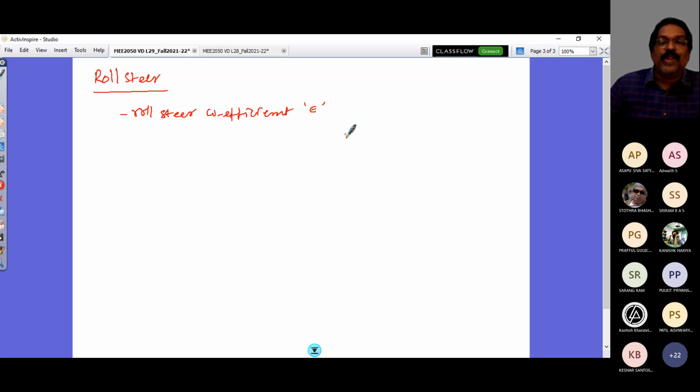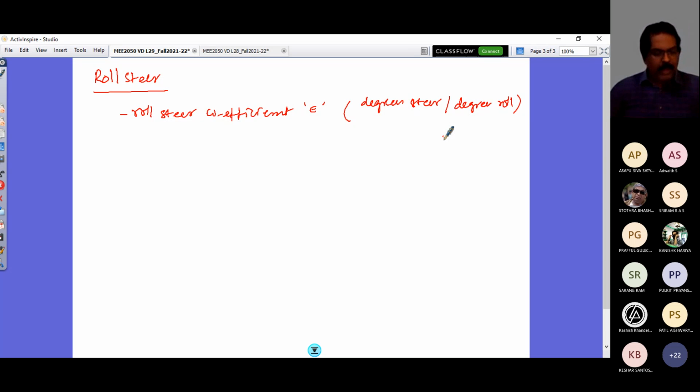This roll steer coefficient is defined as the degree of steer per degree of roll. When I say steer angle, it is at the wheel. Steering wheel angle is at the hand of the driver. That is steering wheel, and this is wheel steer. So it is degree steer per degree roll of the sprung mass.